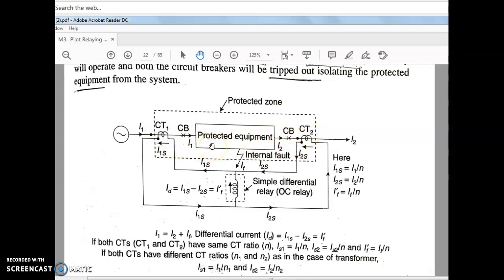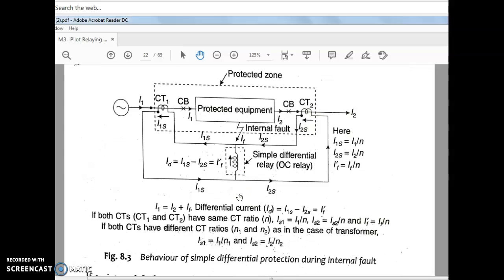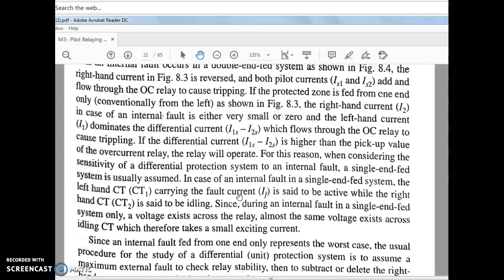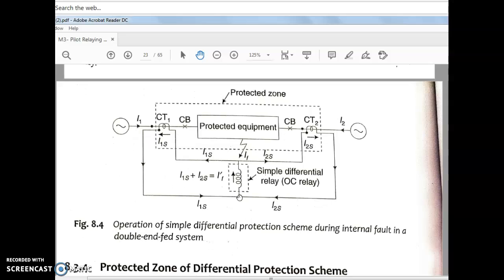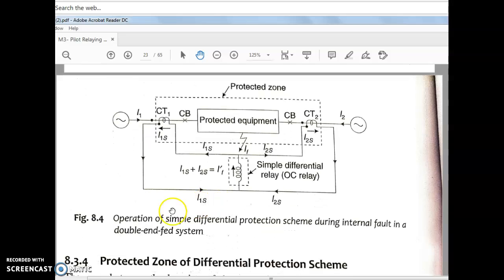If an internal fault occurs in a double end fed system, that is in the next figure, see, this is one end fed. Okay, see here, both ends are fed, a double end fed system. This figure is showing a double end fed system.